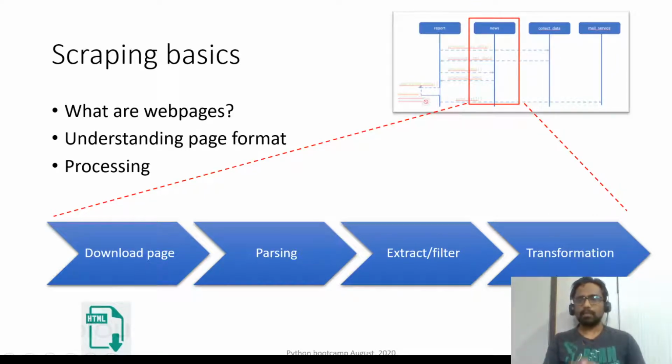So the first thing is to get the news and put it in a certain format, maybe in a dictionary. In a dictionary it has a headline, and maybe some text which points to that, so it has some content. So these are the four steps that we need to do: download the page, parse the content, extract some information, and then transform it into any other format.